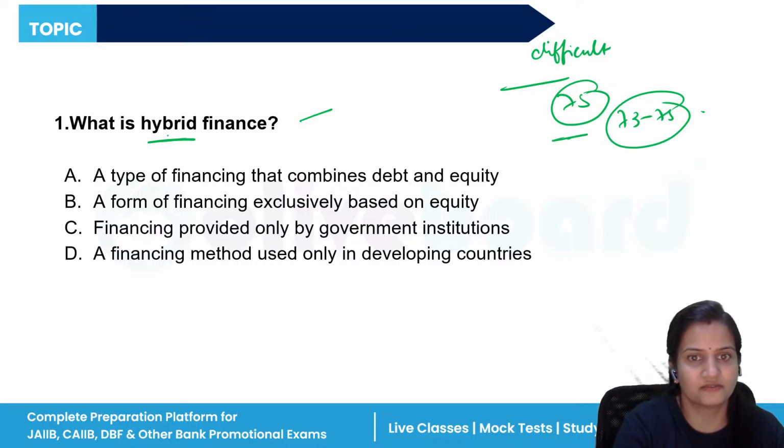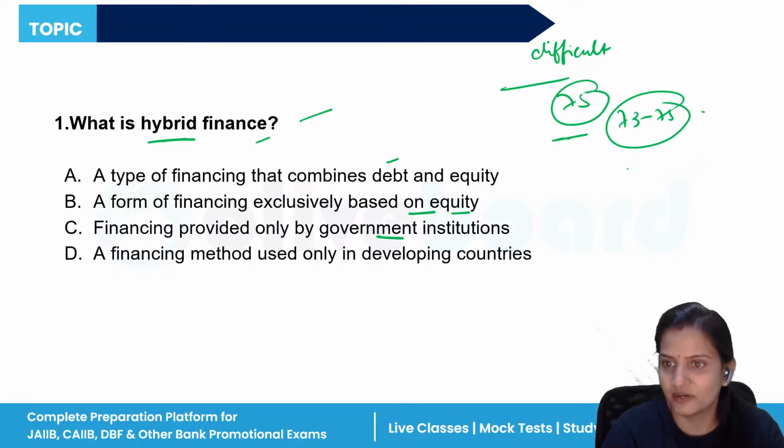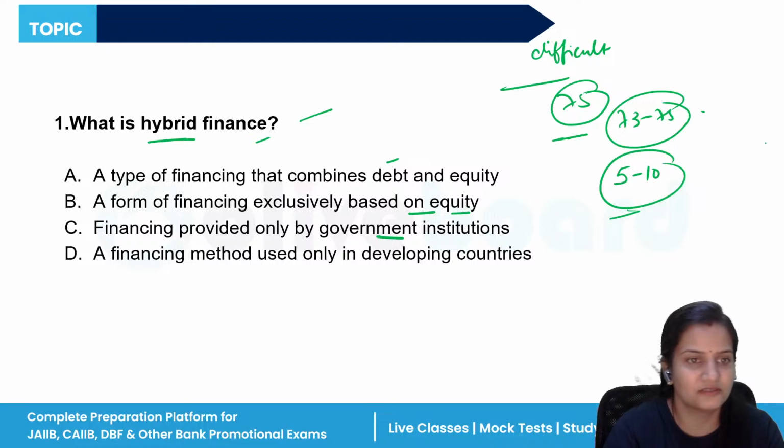The word hybrid means what? A type of financing that combines debt and equity. It is based only on equity financing provided by government institutions, or it is a financing method which is only used in countries in a developing stage. And for every question I will give you 5 to 10 seconds, so within this you have to answer the question.